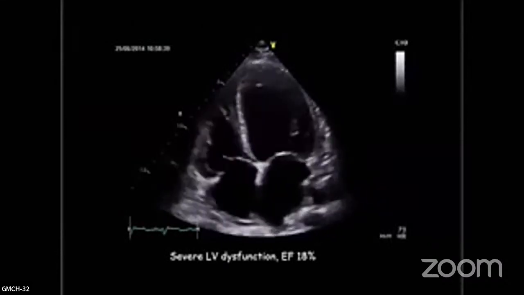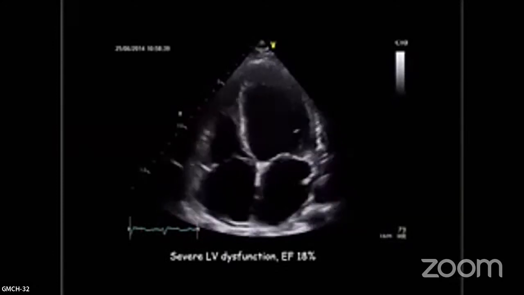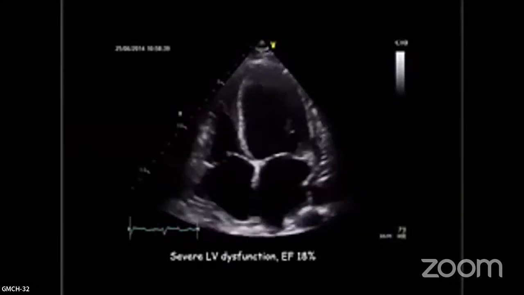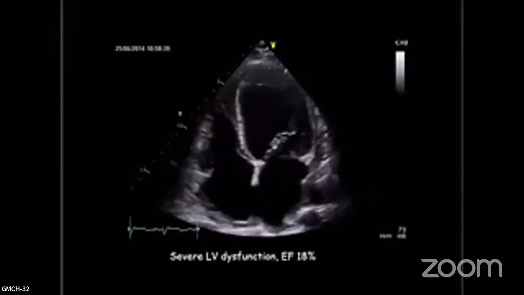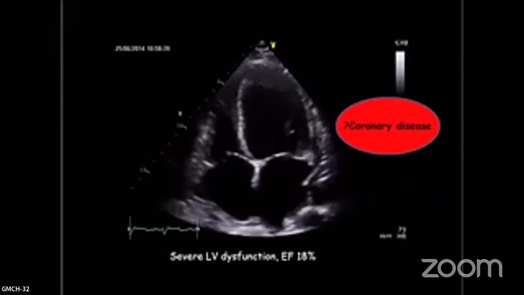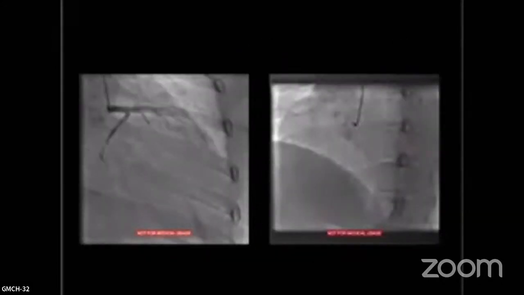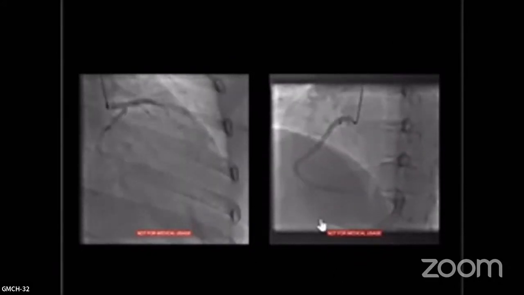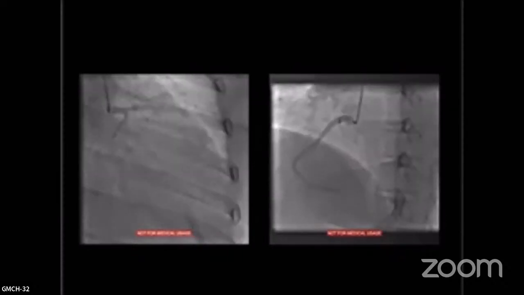An echocardiogram was performed in the first instance and confirms a severely dilated left ventricle with impaired function, impaired right ventricular function, and a very dilated atrium. So with the possibility of coronary disease, she underwent a coronary angiogram, but this did not show any significant coronary disease, with normal arteries.